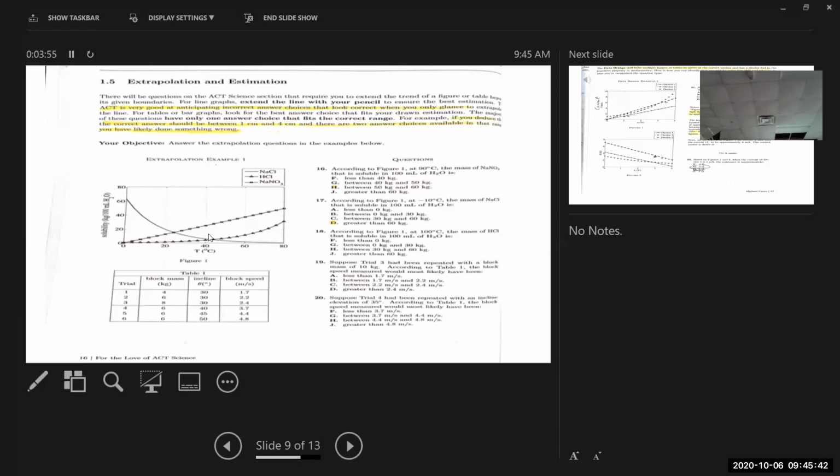You've got to know this. I'm going to test you on this. The ACT is going to test you on this. So you say, I need to use the data bridge. The second thing you need to do is figure out what the data bridge is. What is the data bridge?